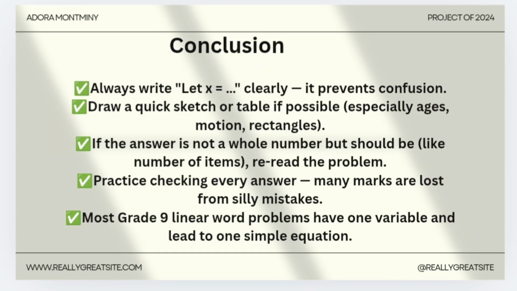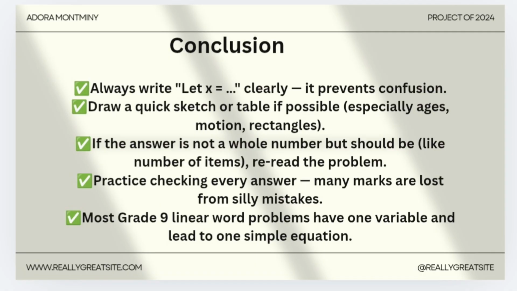Finally, always write "let x = ...", then substitute your word problem into mathematical equations clearly. It prevents confusion. Second, draw a quick sketch or table if possible, especially for ages, motion, or rectangles.